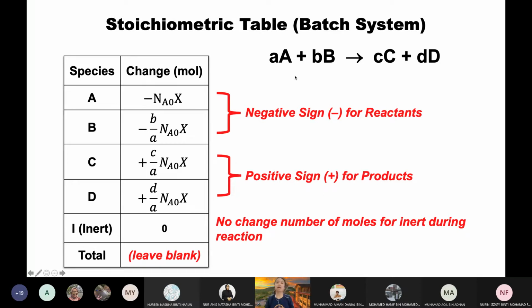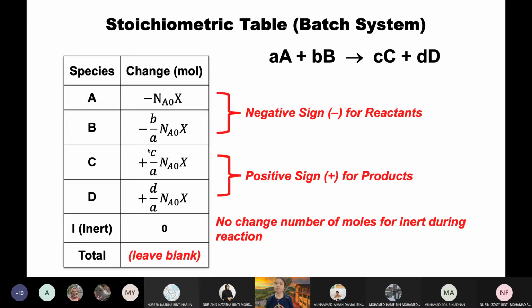So B per A is 2 per 1. So don't forget the negative sign. So negative 2 per 1 multiplied by N_A0, let's say 5. Remember we said our N_A0 is 5. So multiply by 5. Say X we don't know, so leave it. So it becomes negative 10X. Let's see. Say B per A is 2 per 1 times N_A0 of 5, so you get 10, right? So negative 10X for your change of B.